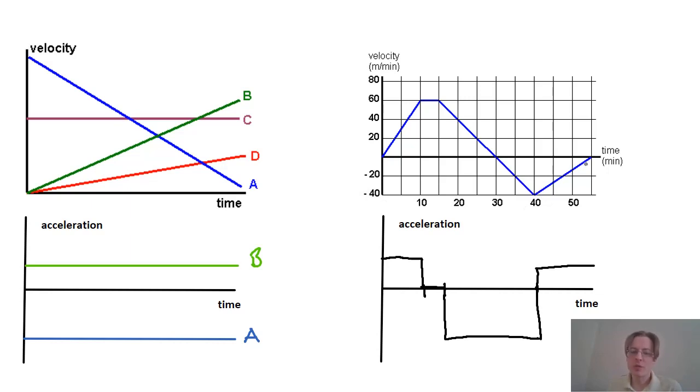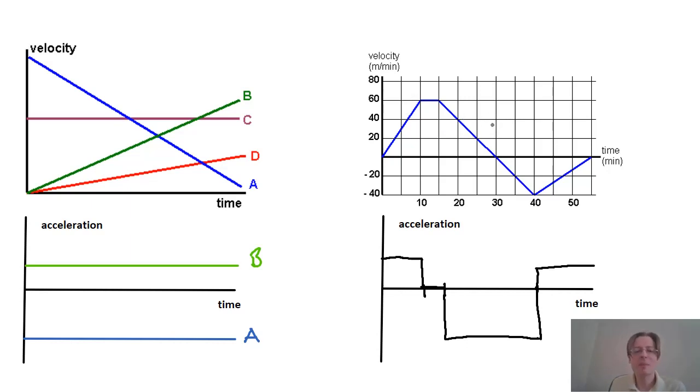Then the forward thrusters activate again, and it starts speeding up. So here it's just positive acceleration, then 0, then a negative acceleration, the reverse thrusters, and then a positive acceleration again. So there's nothing wrong with situations that have changing accelerations.